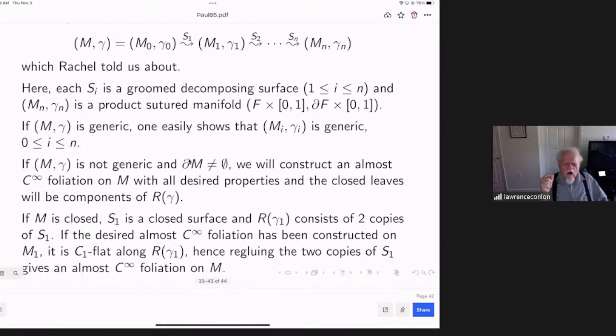If the desired almost C infinity foliation has been constructed on M_1, it is C^1 flat along R of gamma 1, so we can reglue the two copies of S_1 to give an almost C infinity foliation on M. Okay, next slide.